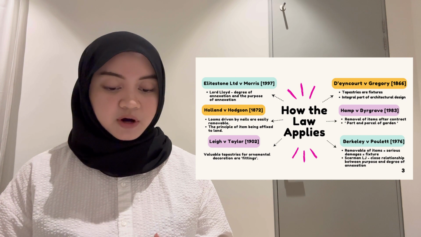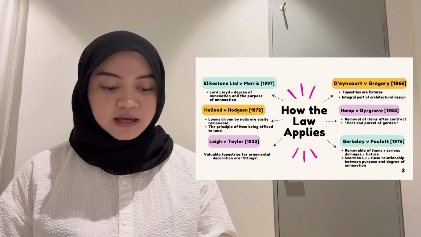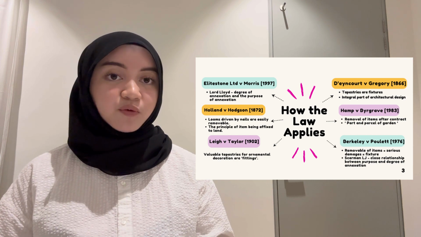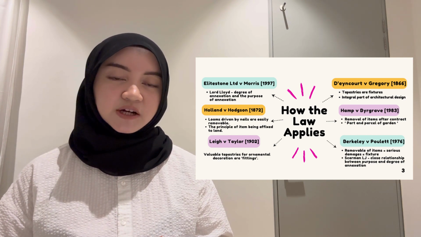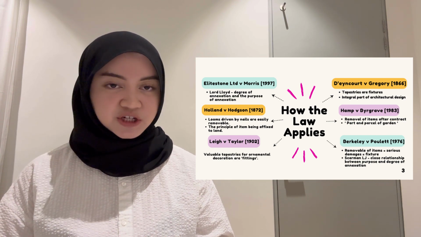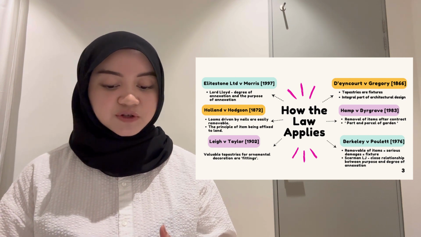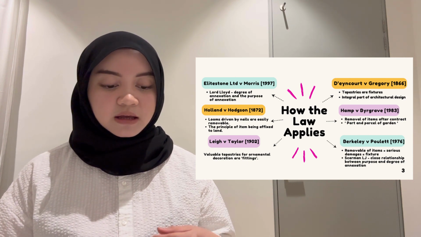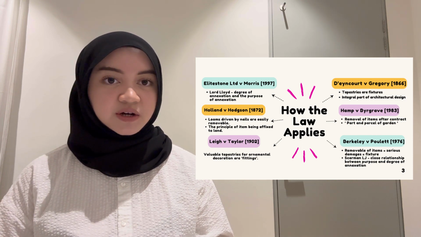immediate purchase of the property. With judgments from both the D'Eyncourt and Hamp cases respectively, items that would form part and parcel of, or played an integral part of, the architectural design would be regarded as fixtures. Additionally, Scarman in Berkeley's case also argued that if an item was removed from property resulting in serious damage, the case of the item being a fixture is solid.